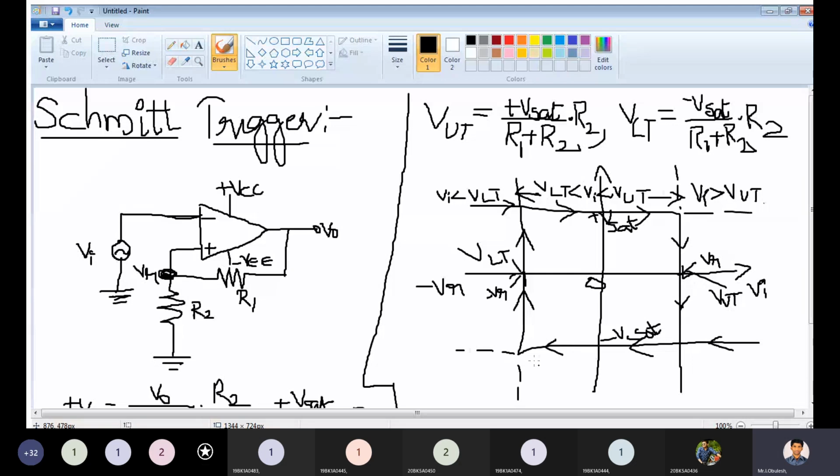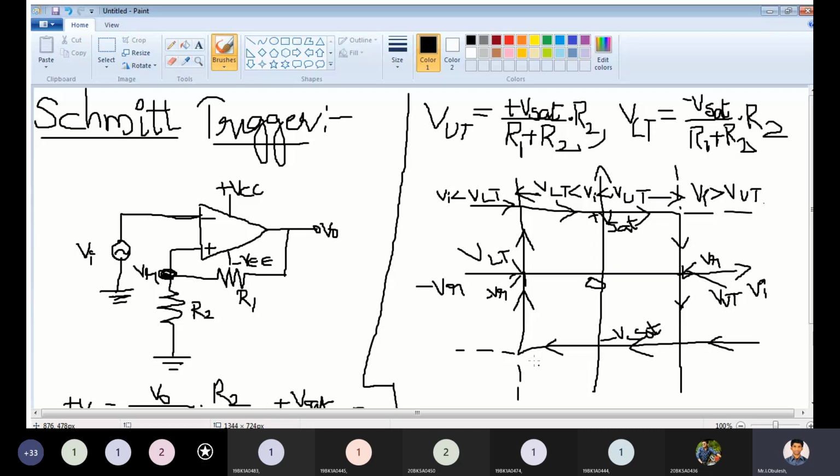From this graph, we can say that once output changes its state, it remains there until input voltage crosses any of the threshold voltage levels.